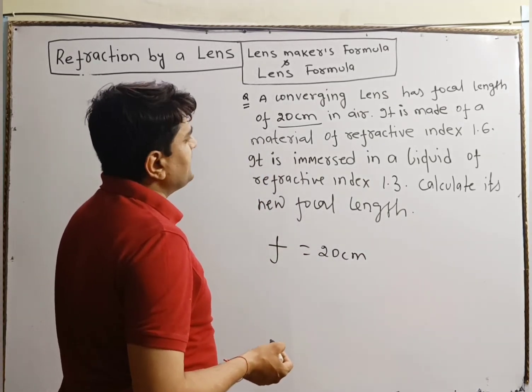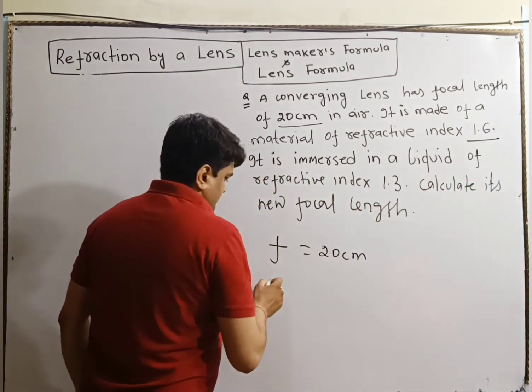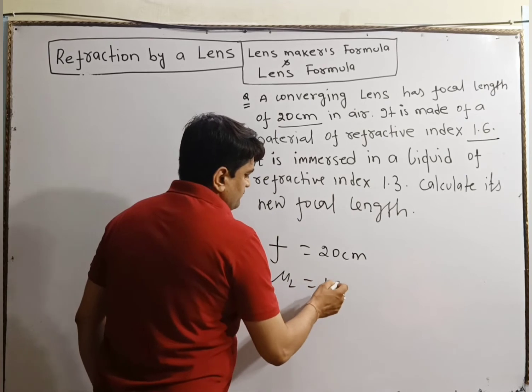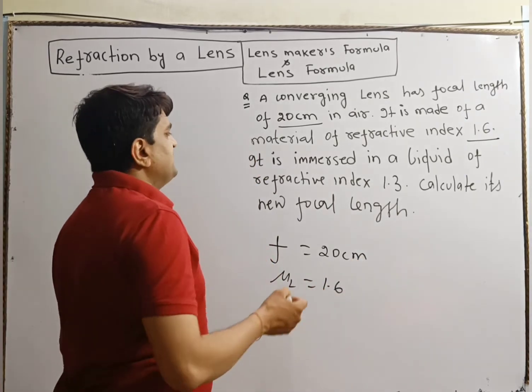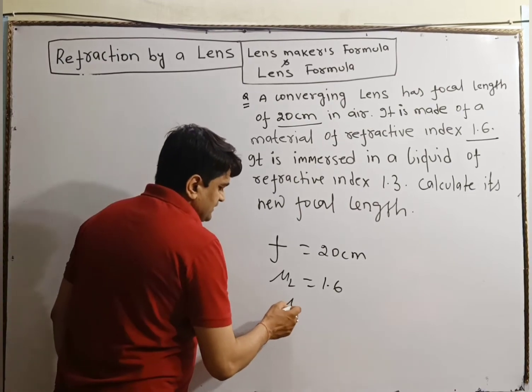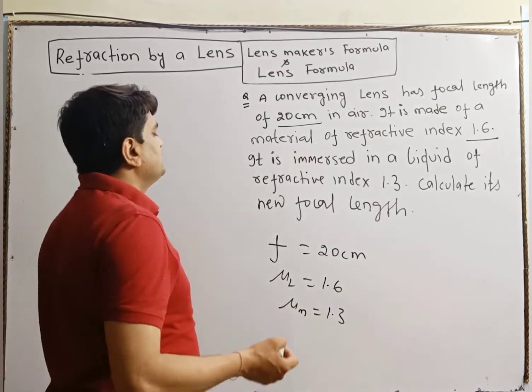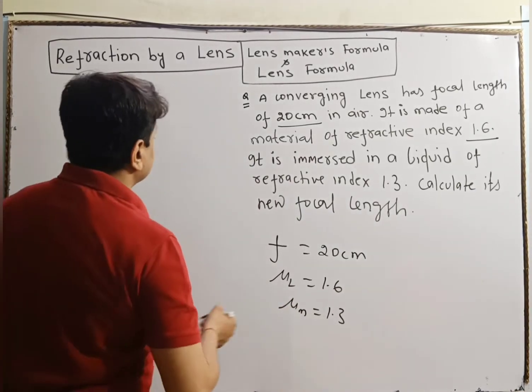It is made of a material of refractive index 1.6, that means mu L is 1.6. If it is immersed in a liquid of refractive index 1.3, that means mu M is 1.3, calculate the new focal length. Simple question.